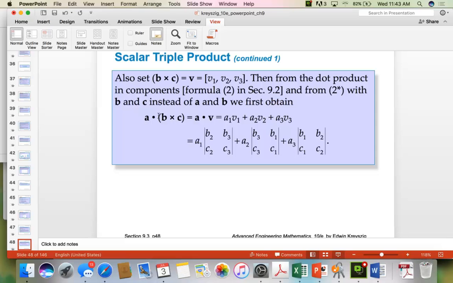Here is how that's done. a dotted with b cross c. Here is the b cross c, with element 1, element 2, and element 3, and that determinant factor is just going to be multiplied by a1, a2, and a3 respectively. That's illustrated up here: if we let b cross c equal v, then a dot v is illustrated here.